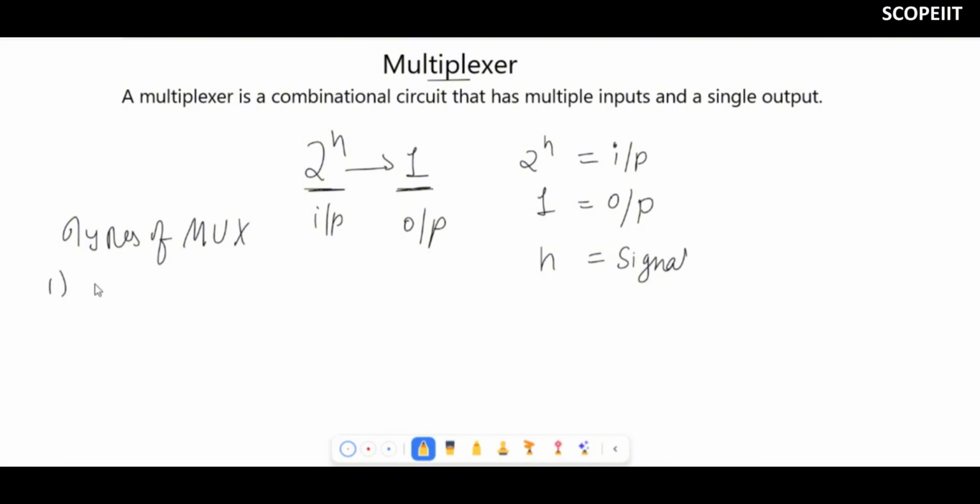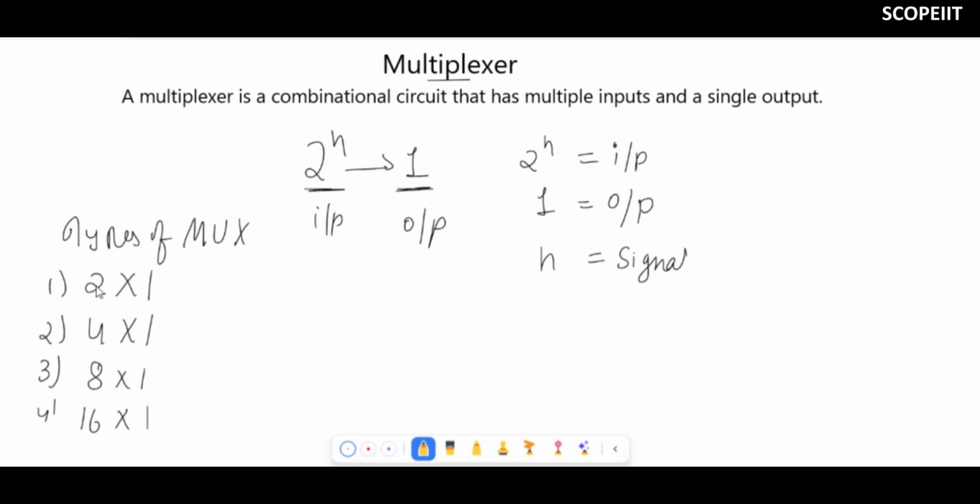For example, we have 2 cross 1 multiplexer, then 4 cross 1 multiplexer, and so on, like 8 cross 1, 16 cross 1, and 32 cross 1 multiplexer. So many different types of multiplexers are possible. In this video we will cover 2 cross 1 and 4 cross 1 multiplexer completely with their circuit diagrams and all.